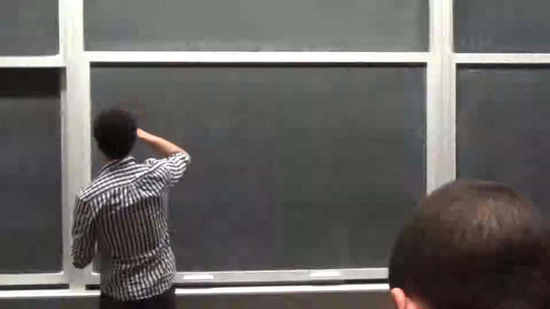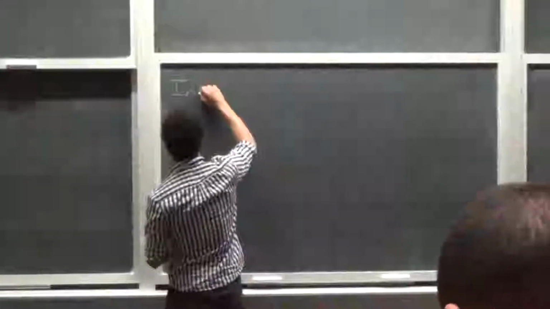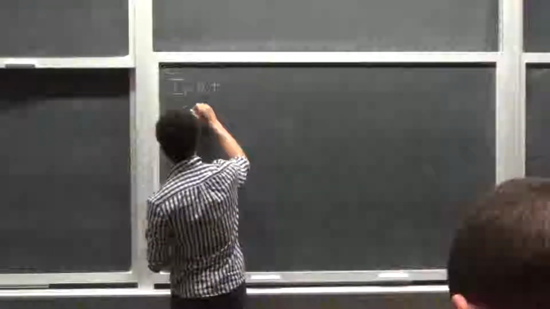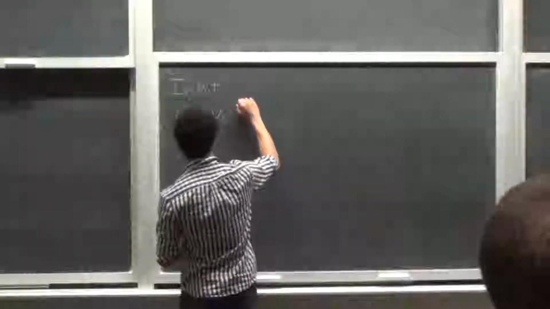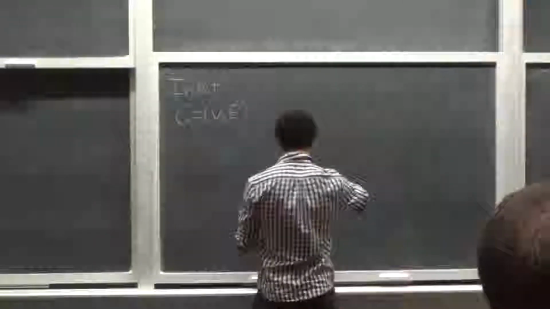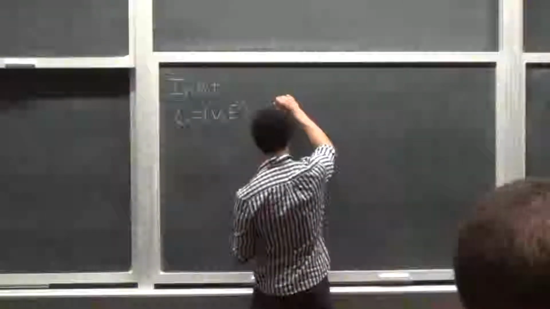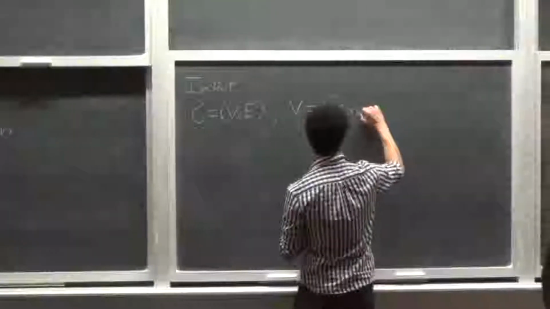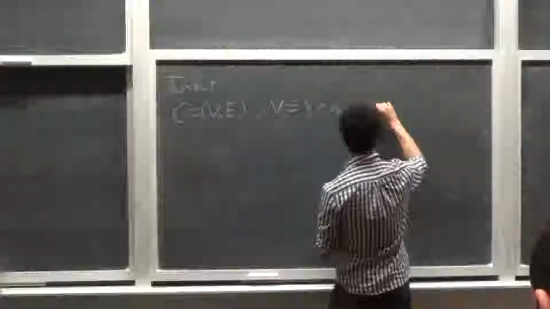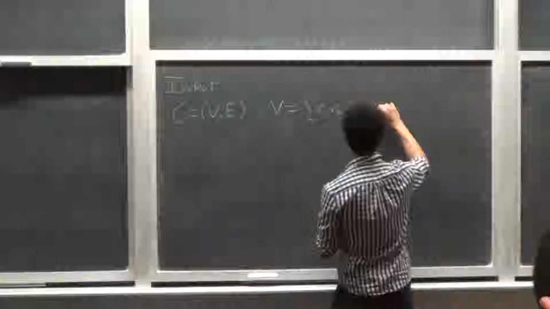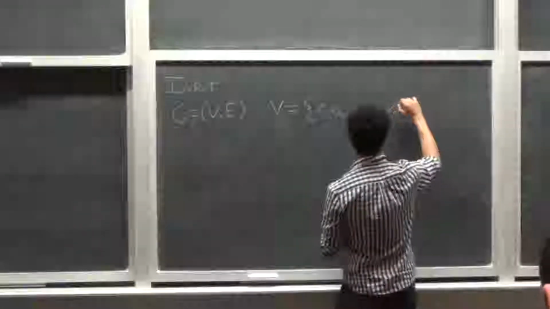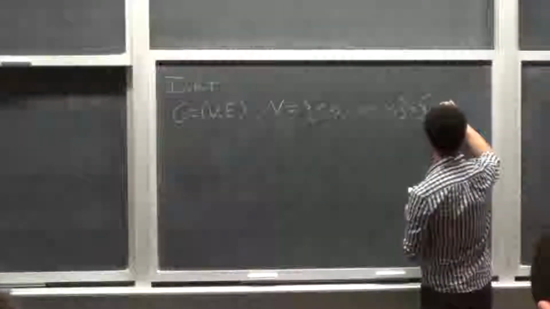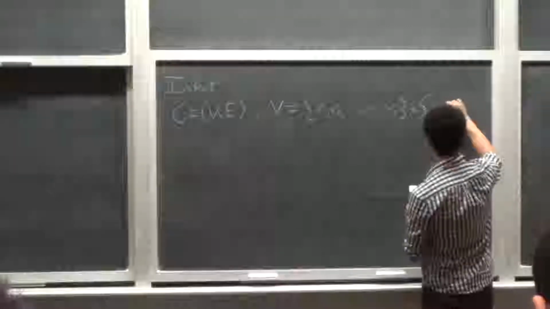So let's set up some notation. The idea is you have some input. You have a graph with some vertices and edges, such that your vertices... In general, I'm going to start using sequence notation sometimes because it just makes things more succinct.